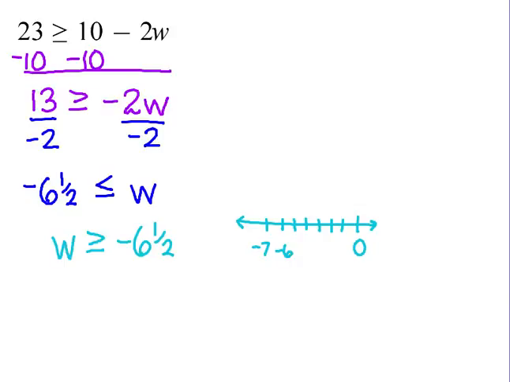So what type of circle am I going to use? Closed, and I'm going to shade to the right. So that's how you graph the fractional values. Same way. Any questions over these previous two problems?